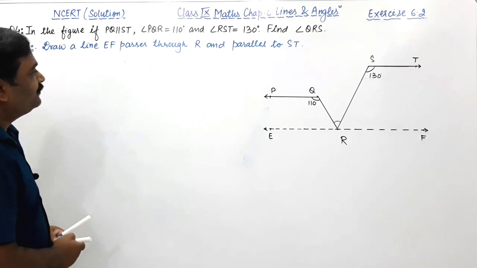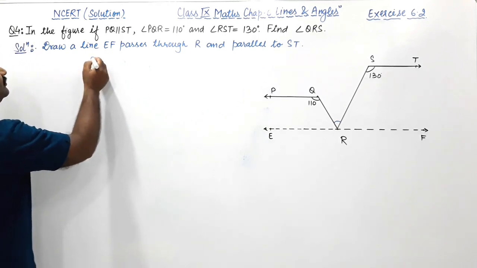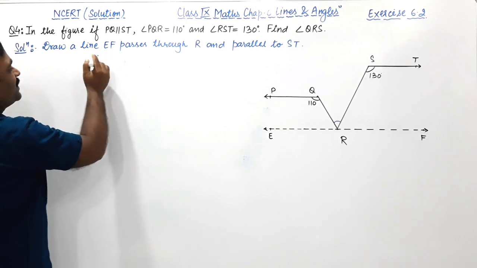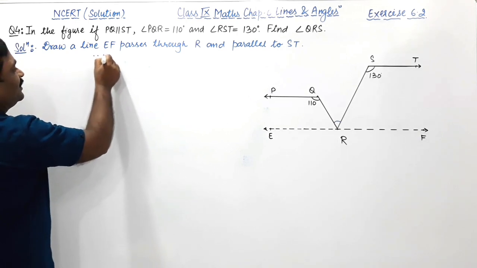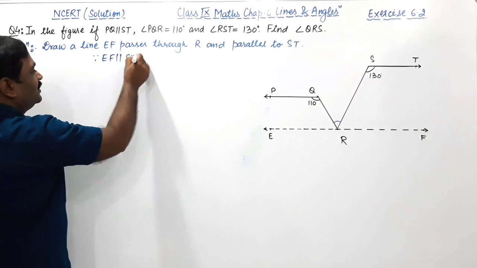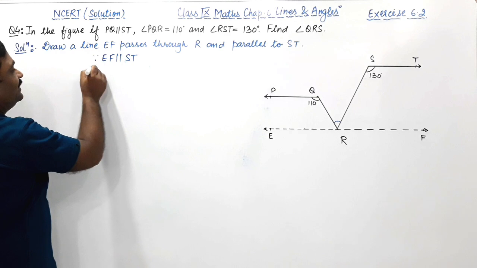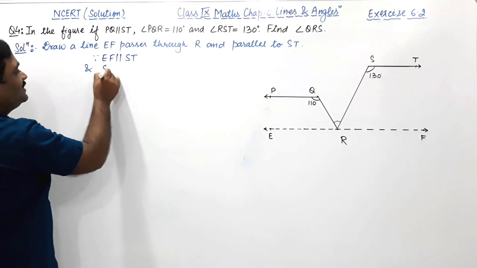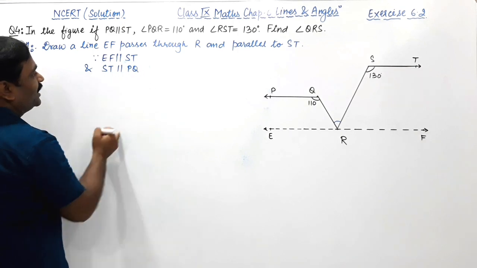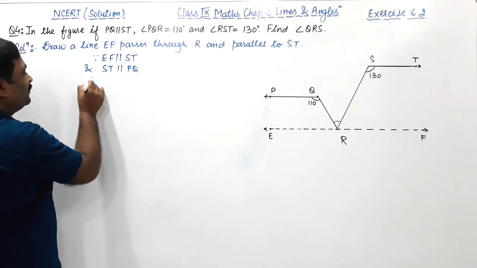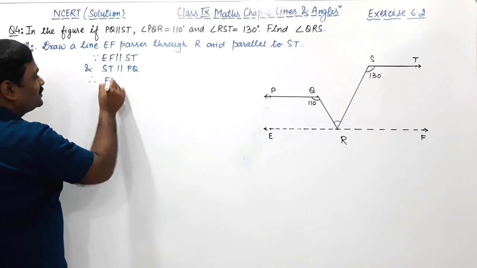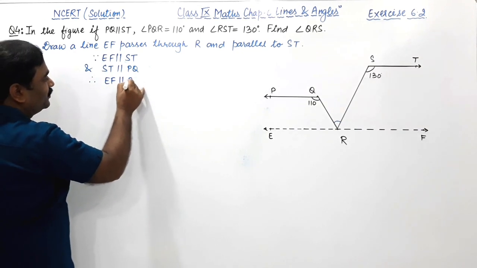As this EF is parallel to ST, since EF is parallel to ST by construction, and ST is parallel to PQ. Therefore, what we are getting as the result is that EF is also parallel to PQ.